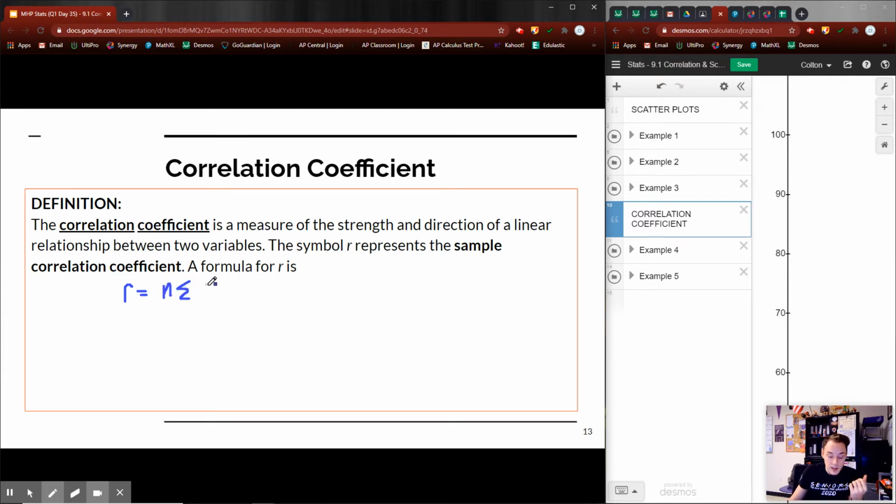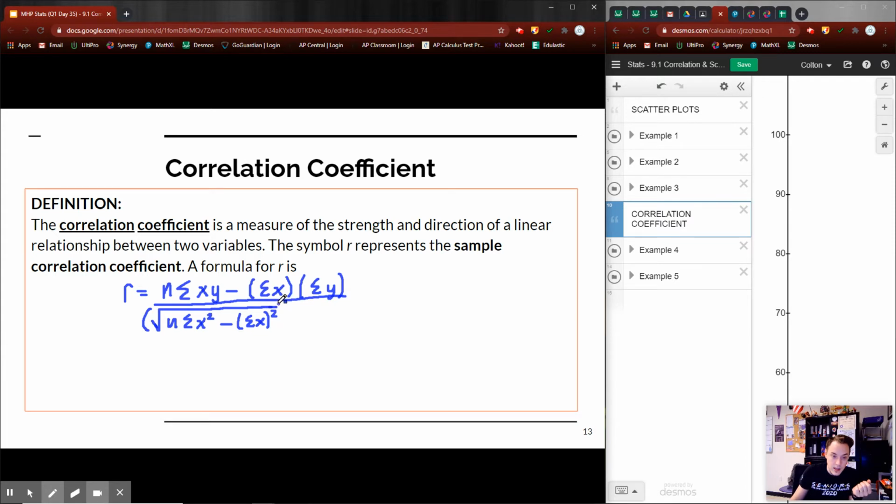N sigma, which is the adding of x times y, minus the sum of all x's times the sum of all y's. This is all over, in parentheses, my radical, I know it gets really intense, n times the sum of my x's squared minus the sum of x's, squared.